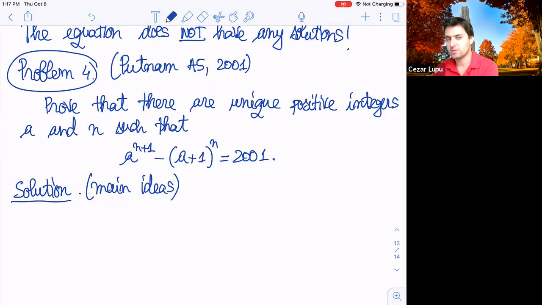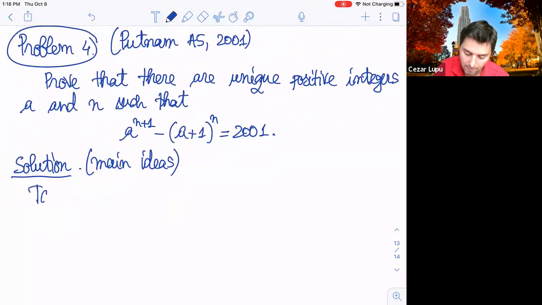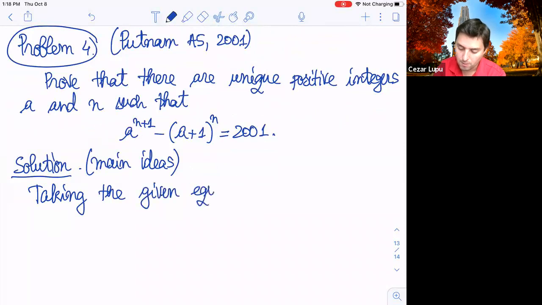Let's look at the equation very, very carefully. If we take modulo a, taking the given equation mod a, what do we have?